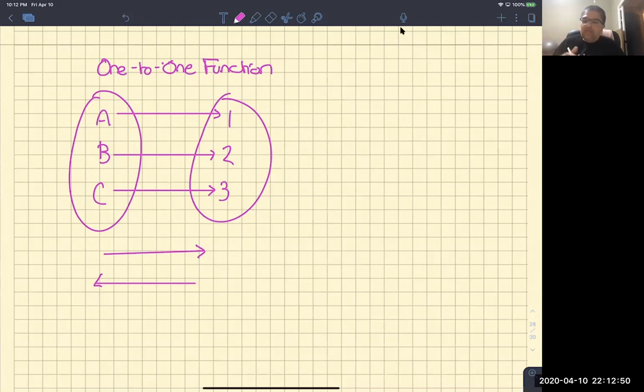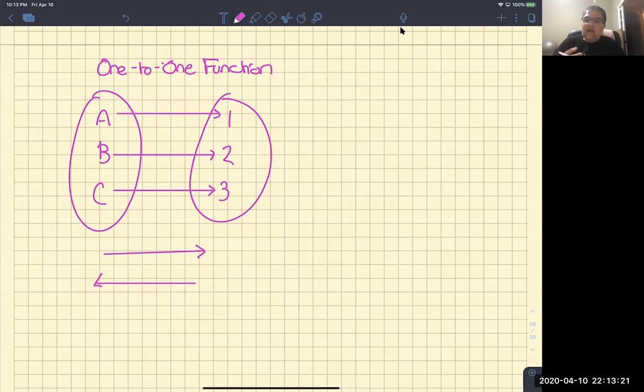So we knew if we put in A or B that our output would be 1. But in this, every input has a unique output. So if I input A, I know I'll get 1, B, I'll get 2, C, I'll get 3. And what this one-to-one function allows me to do is look at my output and also know what my input was. That if I have an output of 1, I know that came from an input of A.